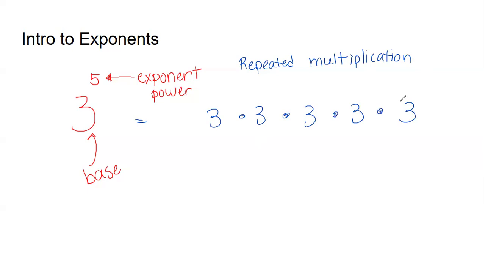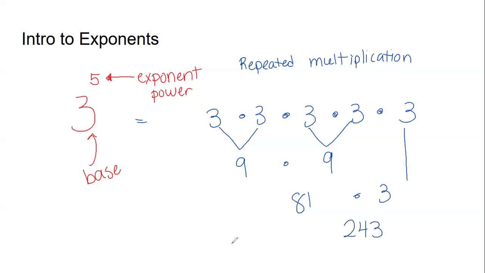And then you'd multiply all that together, either by hand or in a calculator. That's going to depend on your teacher, what they let you do there. By hand, I usually go like that. So that's 9. That's 9. So that's 81 times 3 is 243. So 3 to the 5th can be evaluated as 243.